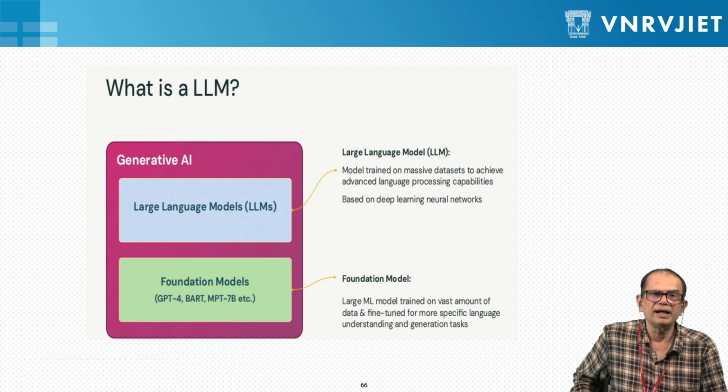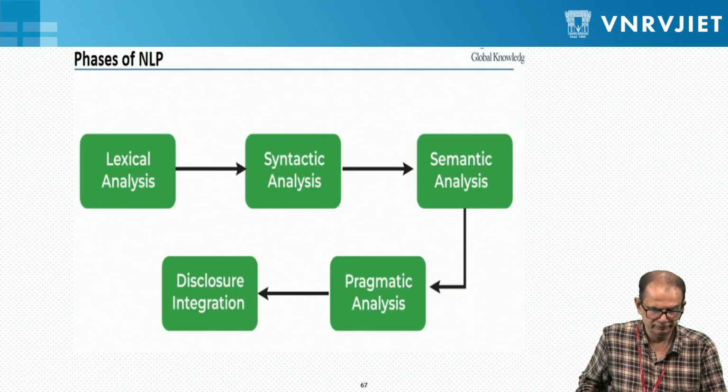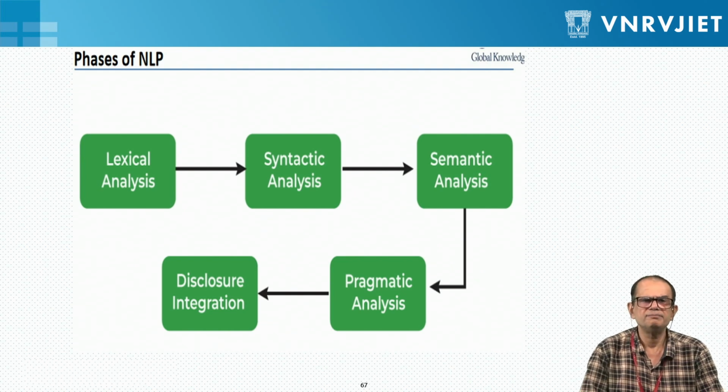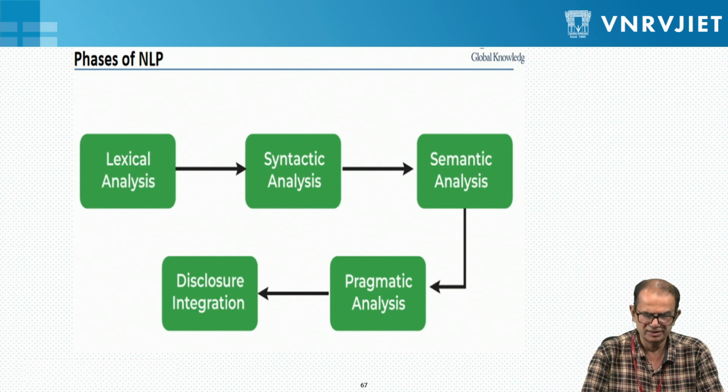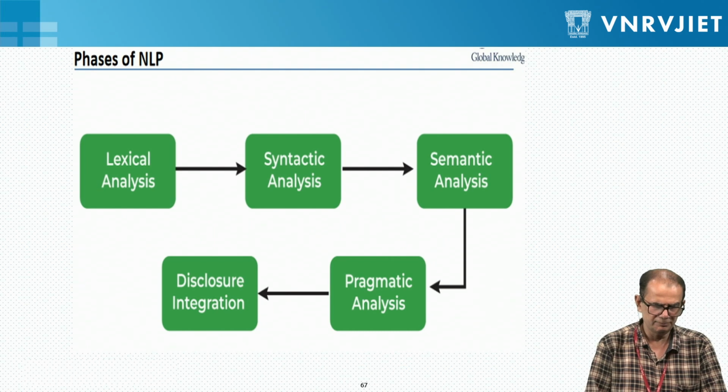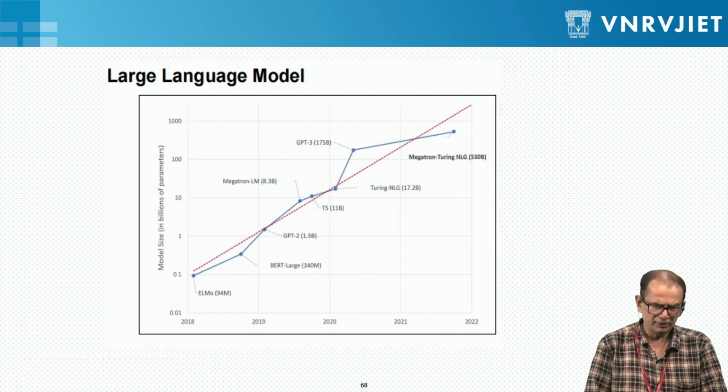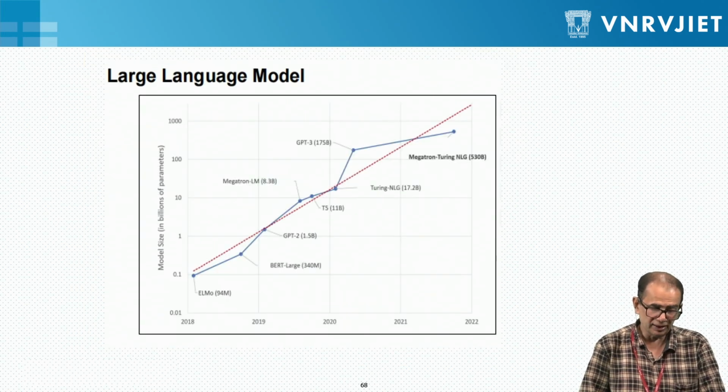Please note that many of the LLMs are something which we buy and then basically we just use them. Okay. Now, this is briefly the phases of natural language processing which you must be aware about. Okay. So then we'll go with this particular phase. Okay. Now, we want to talk about LLM.